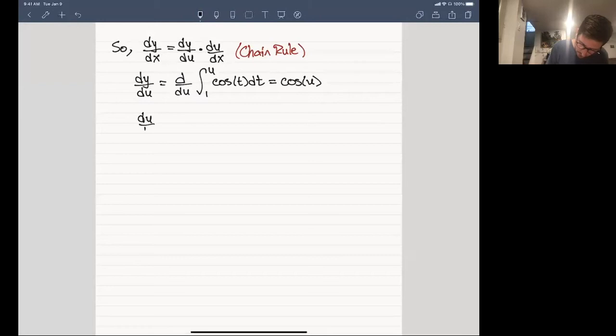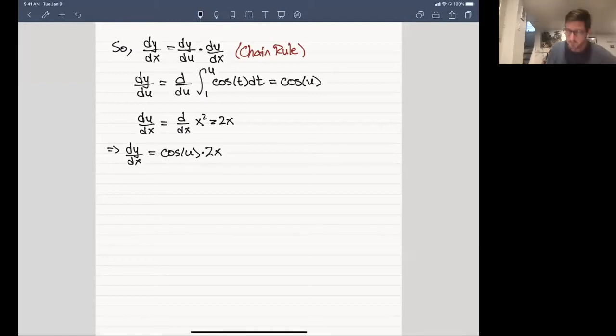Similarly, the derivative of u with respect to x is equal to the derivative of x squared, which is a nice, easy 2x. So this all together tells me that the derivative of y with respect to x is equal to cos of u times 2x.